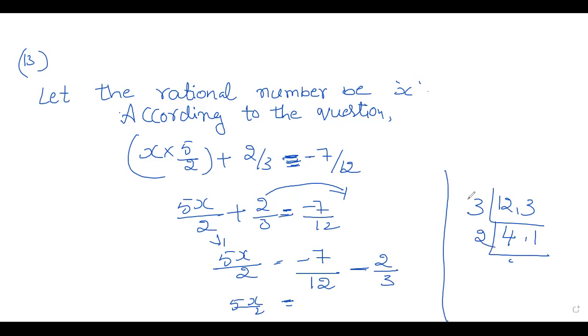Again divide by 2: 2 twos are 4. Again divide by 2. So multiply all the factors: 3 twos are 6, 6 twos are 12. That is your LCM. Okay, children, till here I think all of you have understood.